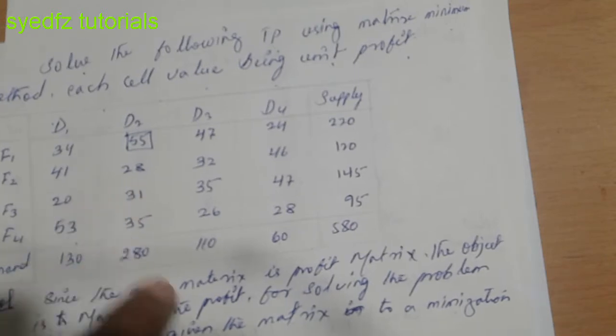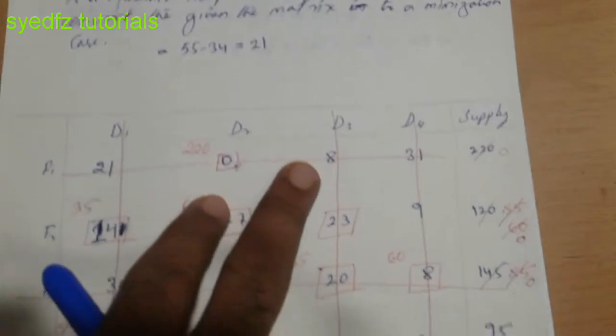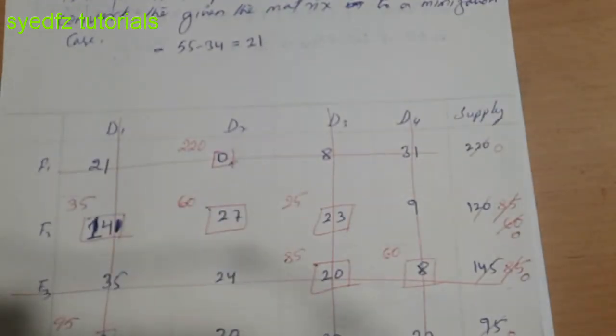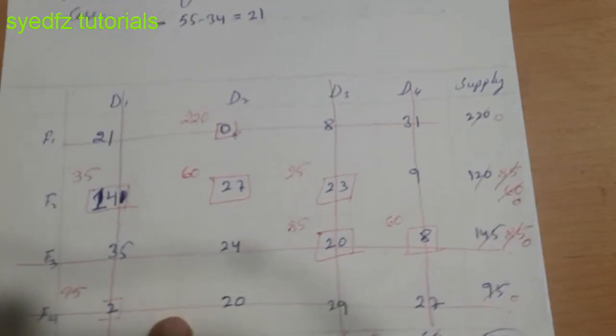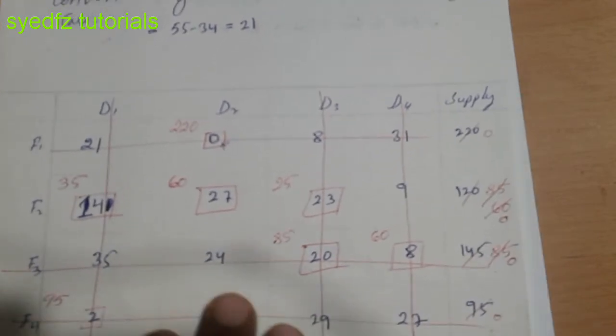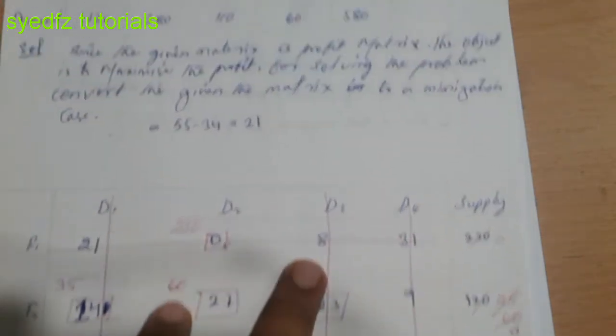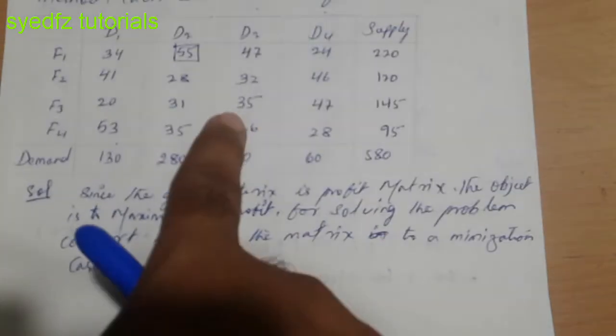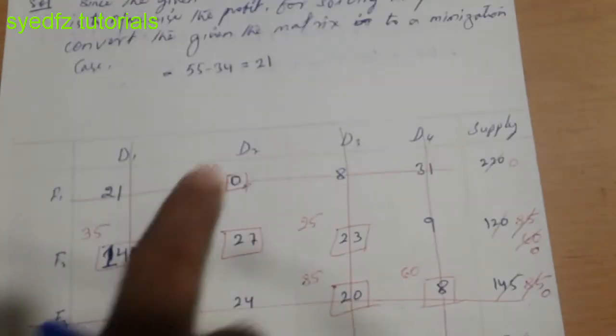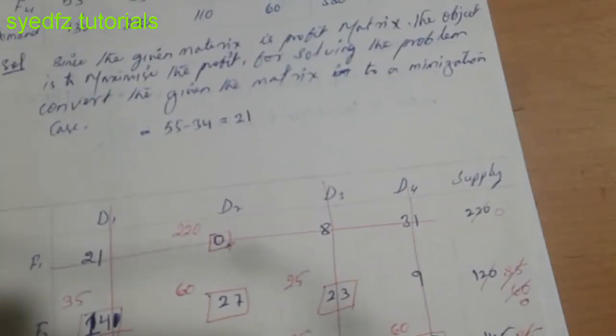For the purpose of solving the problem we have taken this one. For the purpose of calculation we deduct the matrix by the highest value, but after assigning, the calculation of profit we should take from here. How will we take? Let's see.